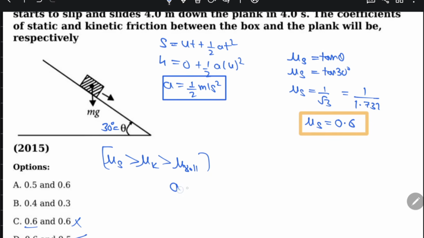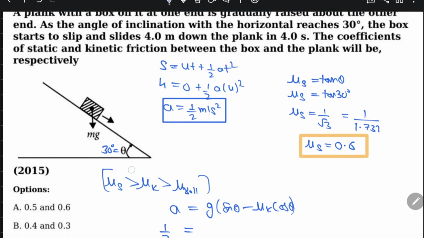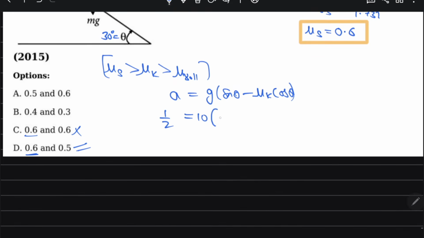So we know that acceleration, this is in the downward direction, is g sine theta minus mu k cos theta. So acceleration is 1 by 2, g they have given, we can take 10. So 1 by 2 is equal to 10 sine 30 degrees minus mu k cos 30 degrees. So this is 1 by 2 equals 10 into 1 by 2 minus root 3 by 2 mu k.